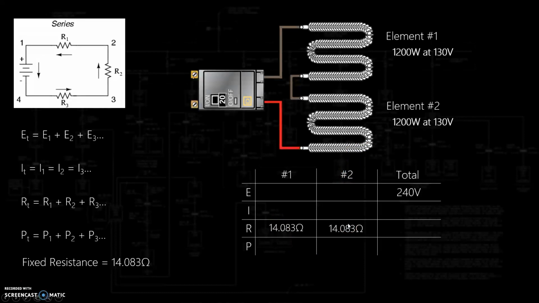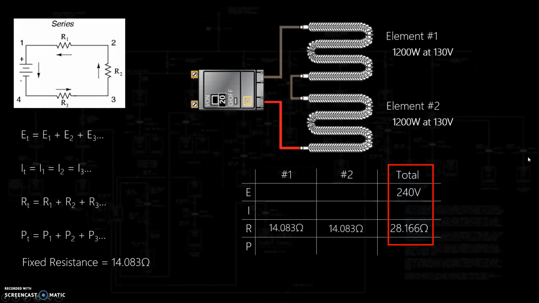Now this is where we rely on the new rules we just talked about. What do we know about the total resistance of a circuit? It's equal to R1 plus R2, which gives me 28.166 ohms. What we've been doing is working towards a spot where we have two values in any one column.